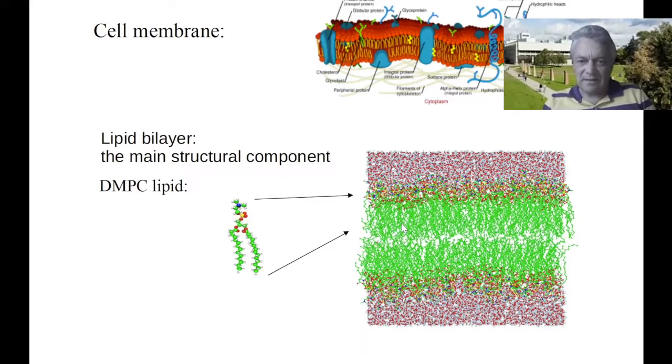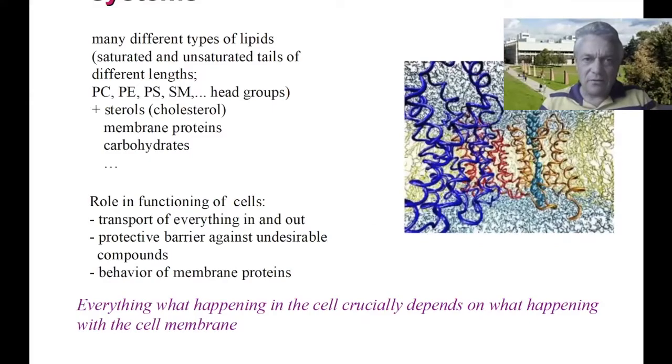Our study was of pure lipid bilayers composed of lipids of one type, because these objects are also studied extensively experimentally to understand the properties of lipid bilayers. Of course, real biomembranes are much more complex systems that include many different types of lipids, maybe hundreds of types in the same cell membrane.